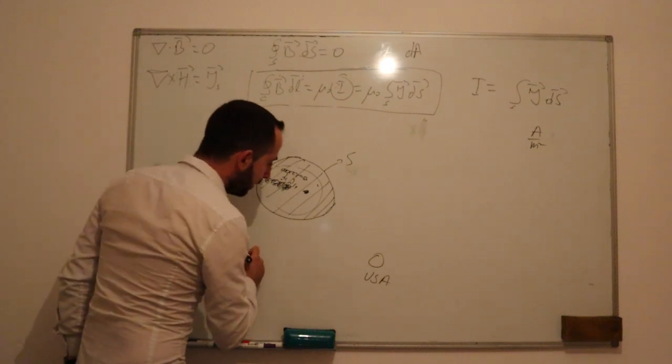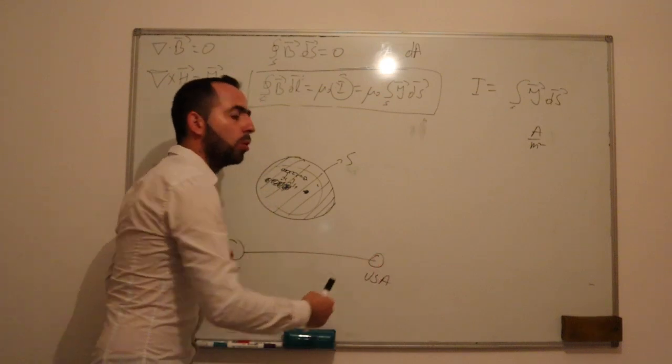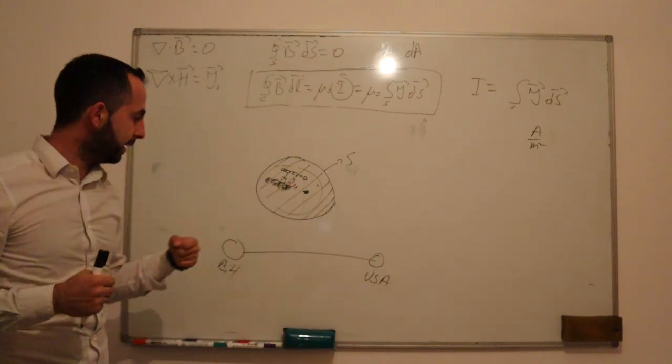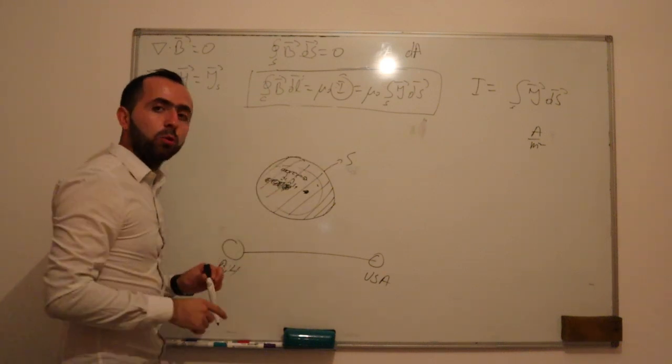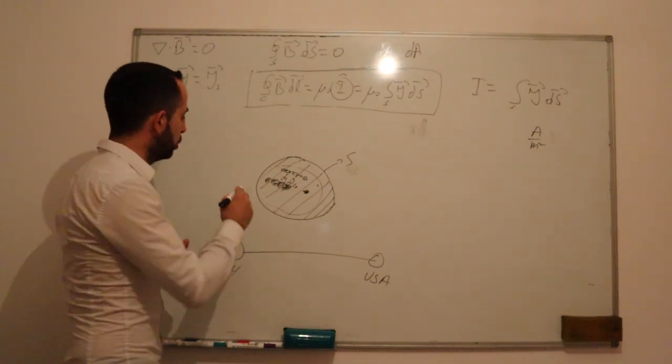So I have a line segment. If I'm traveling with a plane, it has a speed, a velocity, v.